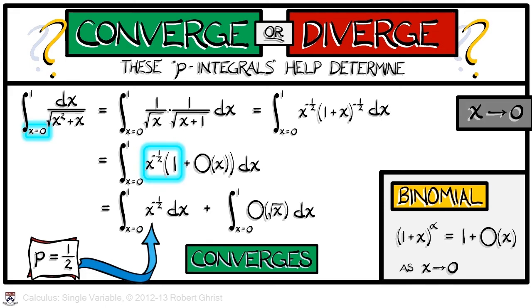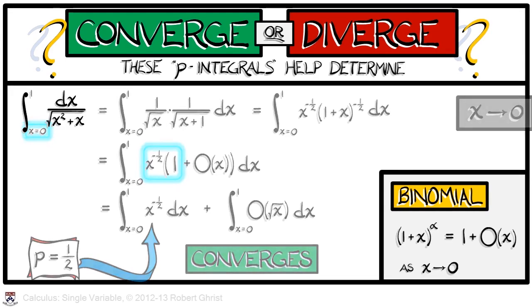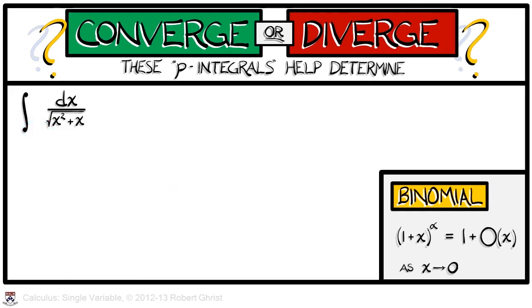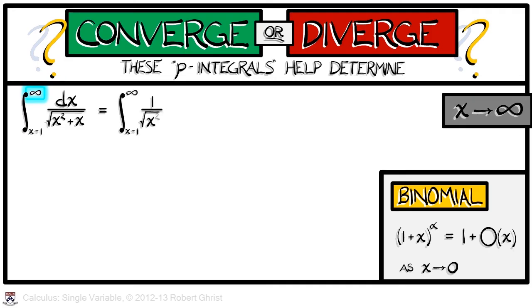Now, what happens if we take that same integrand and integrate as x is going to infinity? For very large x, we need to consider that x squared term in the denominator as the lead. Therefore, factoring out, we get 1 over square root of x squared times 1 over square root of 1 plus 1 over x.